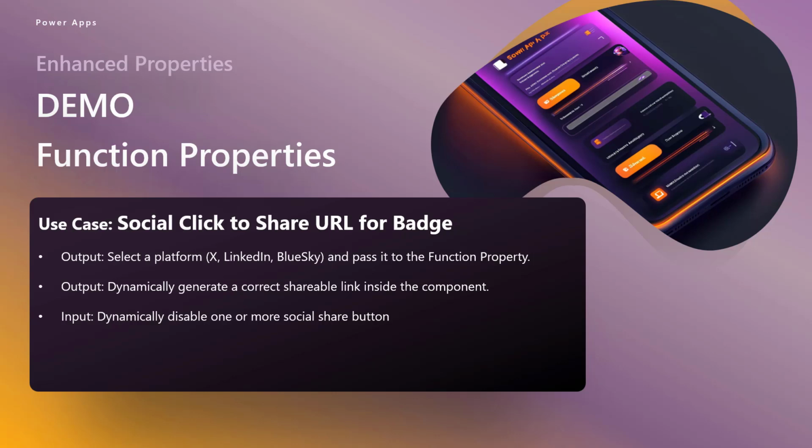It's going to have 3 buttons for sharing your badge with Twitter or X, LinkedIn, or Blue Sky, and we're going to pass that into the function property. And then the output will generically or dynamically generate the correct link based on the button you're clicking on.